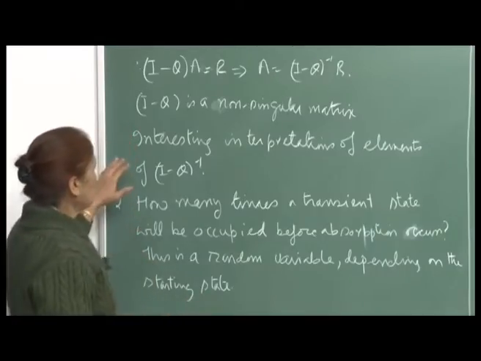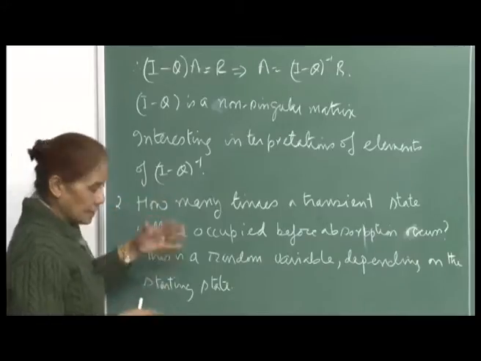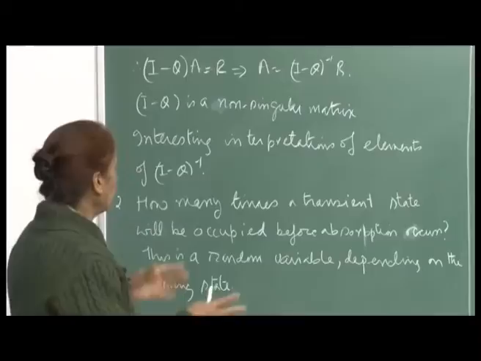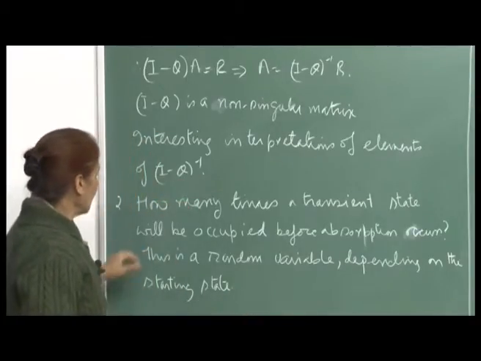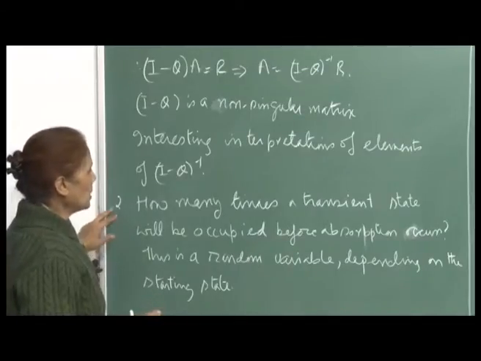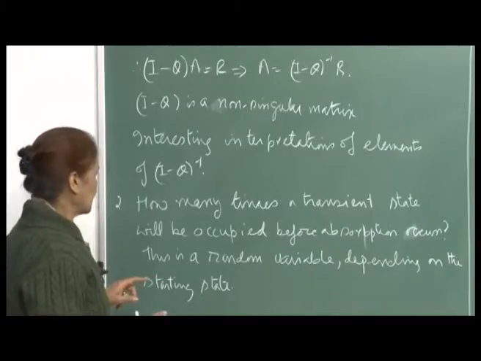Now, we have interesting interpretations of the elements of (I minus Q) inverse also. As I said, the questions that keep arising, we will go on answering them, and in between we will also look at the interpretation of the elements of (I minus Q) inverse. The second question that arises is how many times a transient state will be occupied before absorption occurs.